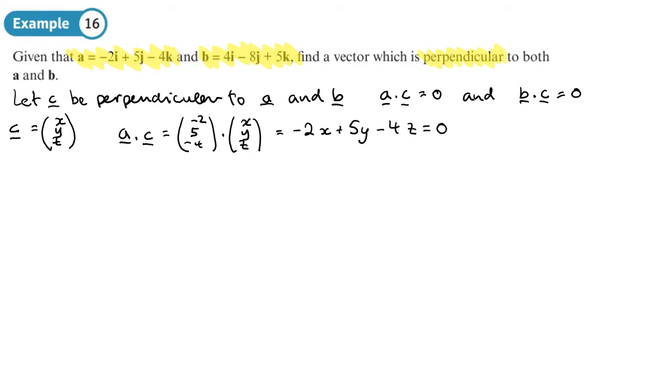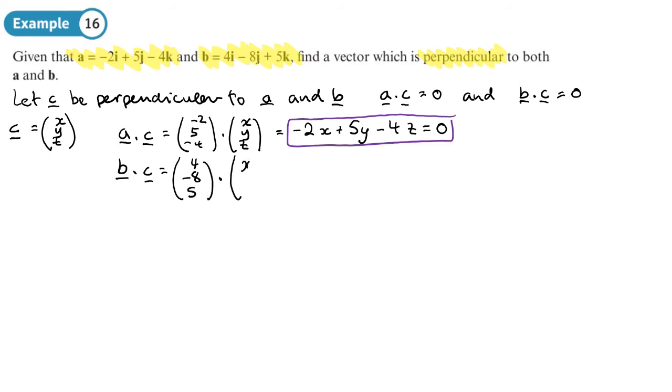So there you can see I've got an equation which is going to be useful. And now I'll do the same and find b dot c. So that's going to be 4, -8, 5 dot x, y, z. And that will give me 4x minus 8y plus 5z equals 0.